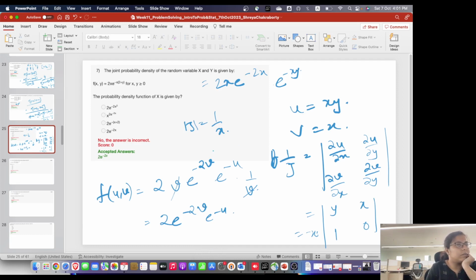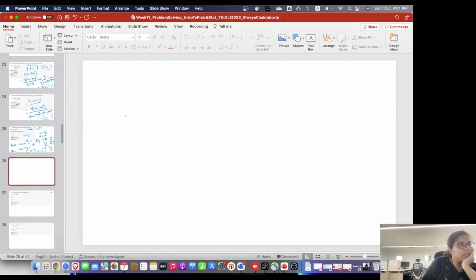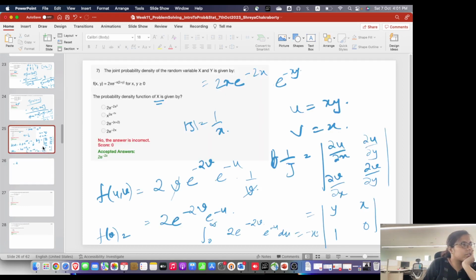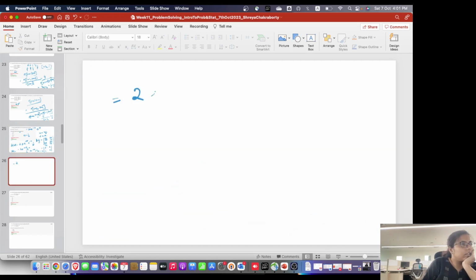Then we want the distribution of x, that is we want the distribution of v. Therefore f v equal to integration 0 to infinity 2 e to the power minus 2v e to the power minus u du. Alright, so this one it will be 2 e to the power minus 2v, 0 to infinity e to the power minus u du.